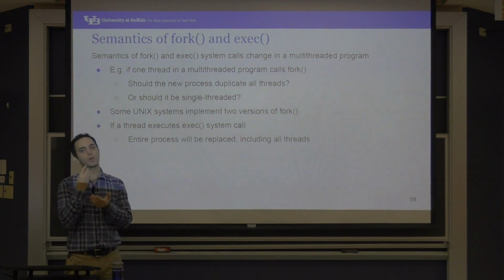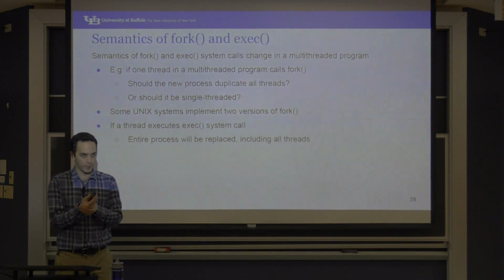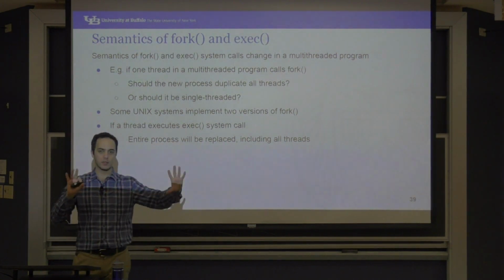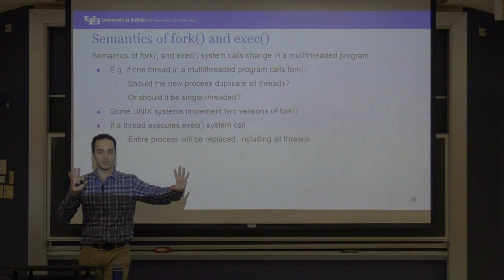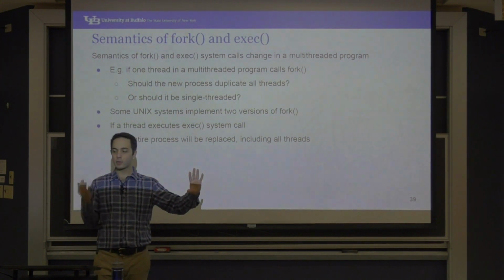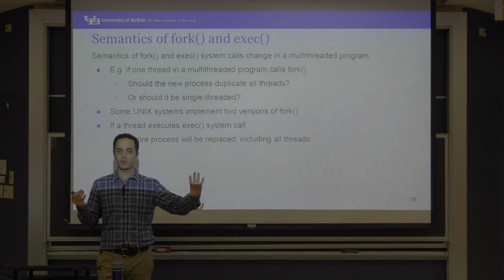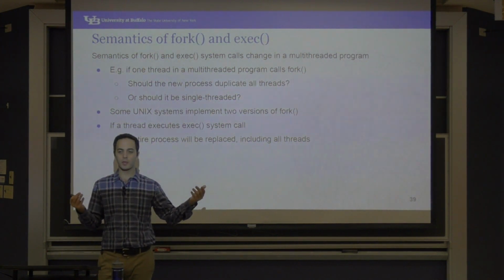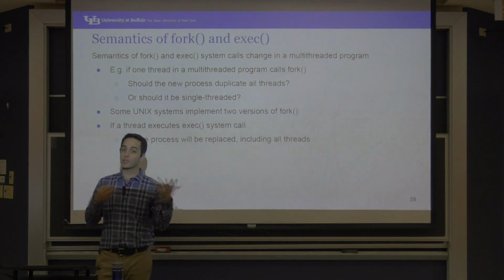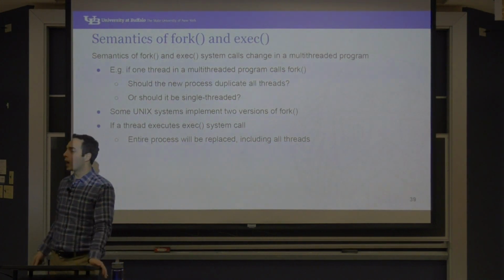Because the fork was called by only one thread. That call copies the whole process to a new process with the same data. The data is the same, it's fine, but this one now has multiple threads, and one of them called the fork. What should be the case here? Should it copy the rest of the threads as well, or just a single one?